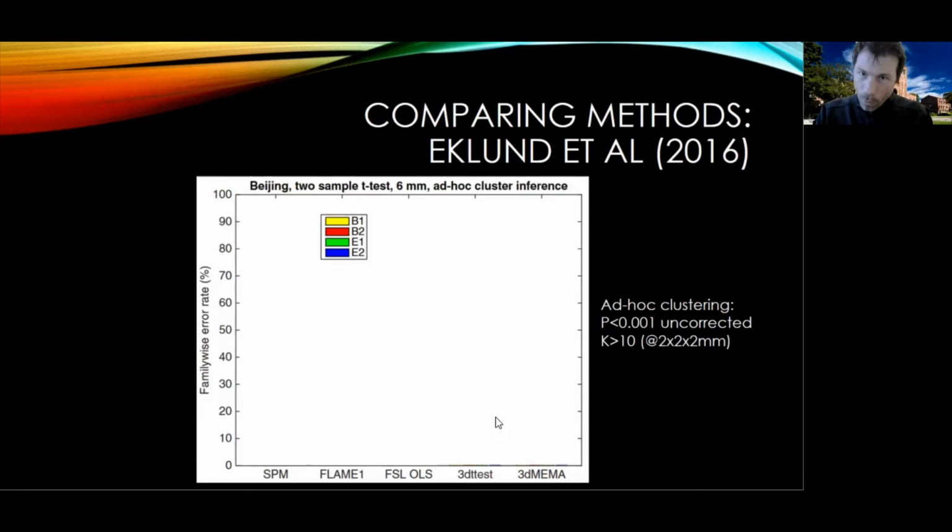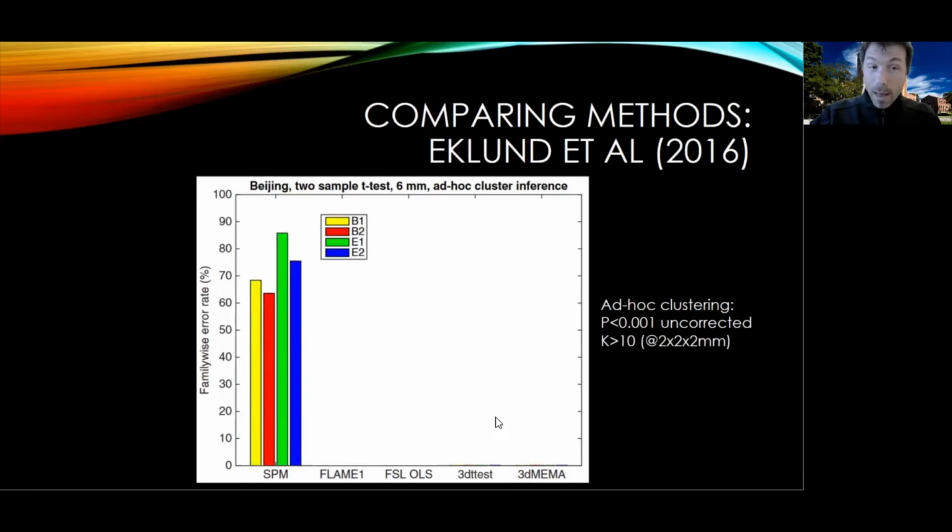But this particular way that I'm referring to here doesn't come from a theory approach, but more from an empirical and practice-based approach. What they show is that, for example, if you do this with SPM, you end up possibly with 60 to 85% false family-wise error rate.